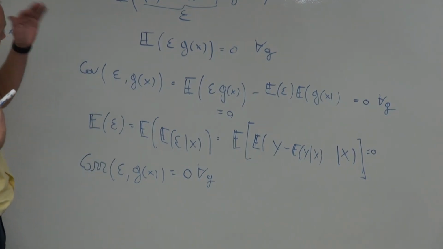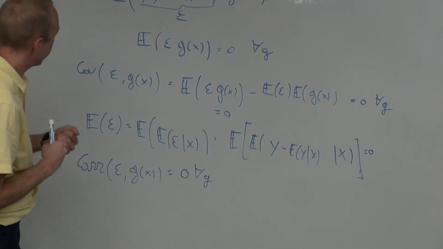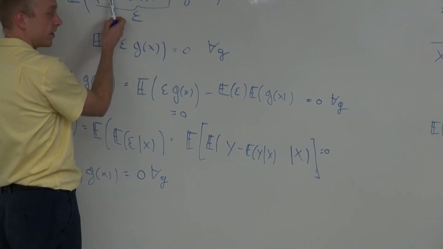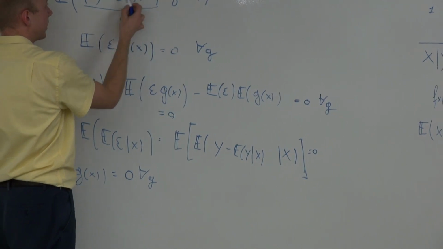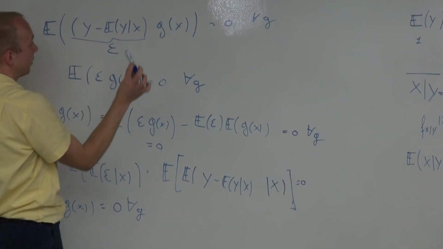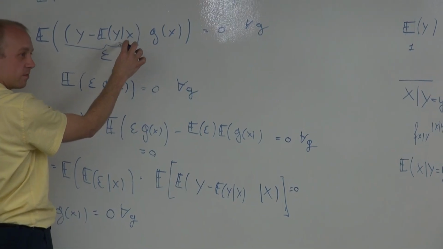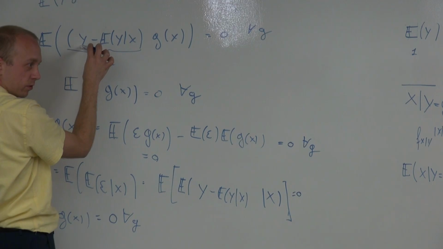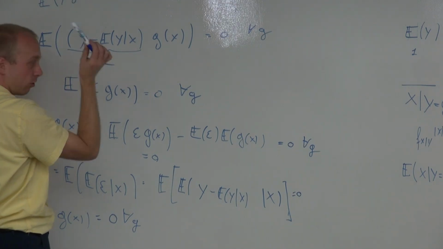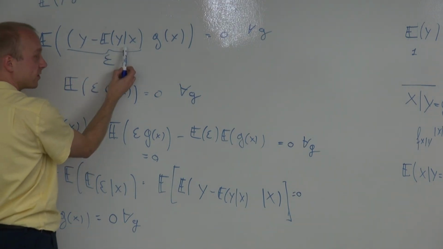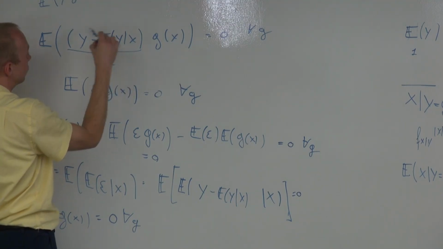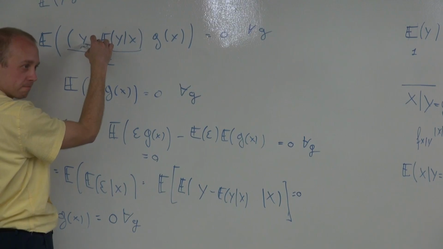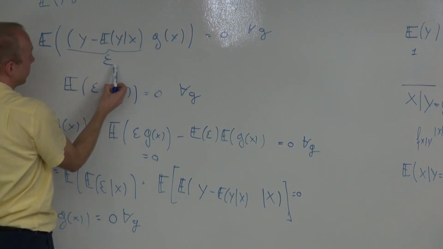So now think at a higher level. You have a random variable y, and you have another random variable that you use as an approximation of y. This is a statistical model that you use to describe y. So what is this epsilon?